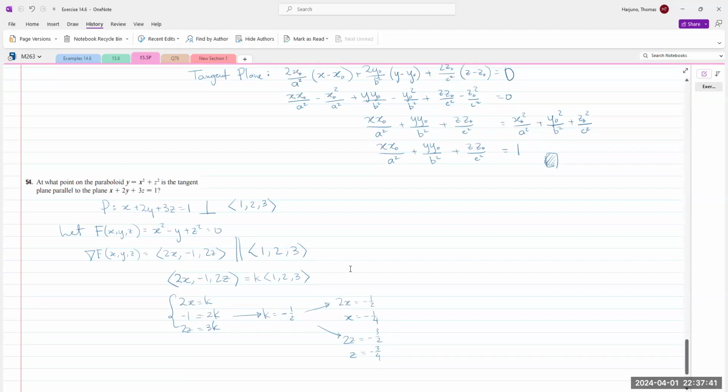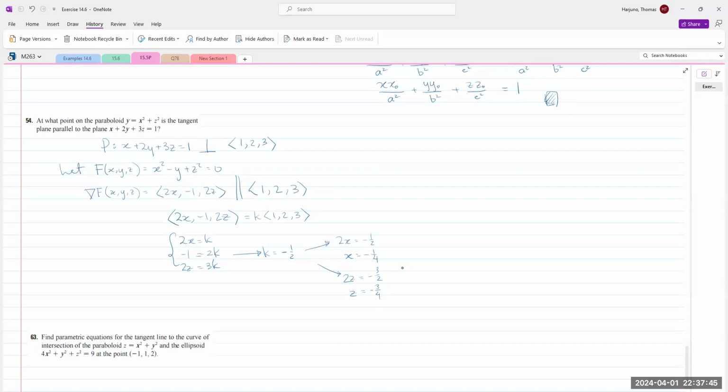Now what's the y? The y has to be on that paraboloid, right? So y equals negative 1/4 squared plus negative 3/4 squared. That will be 1 plus 9 over 16, that's 10 over 16, that's 5/8.